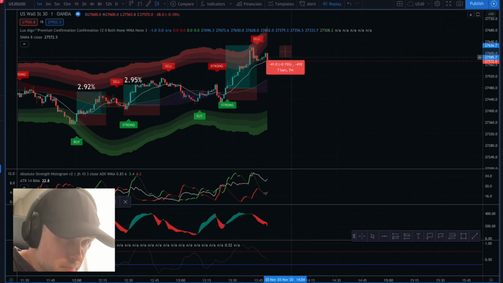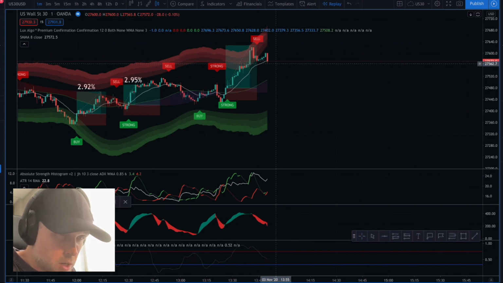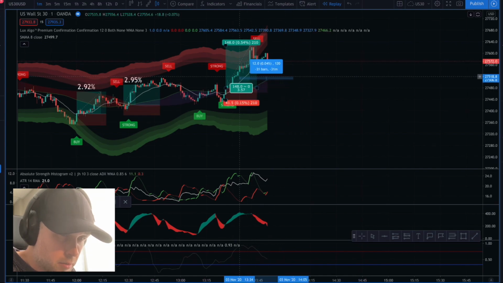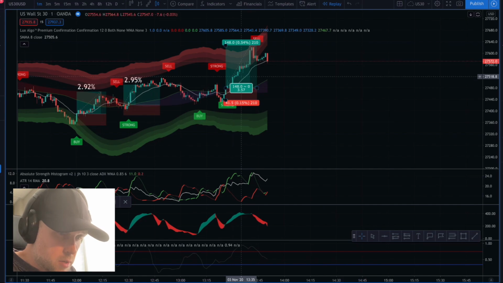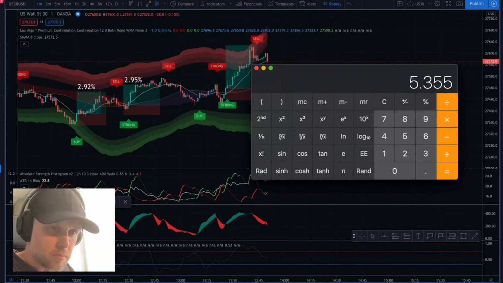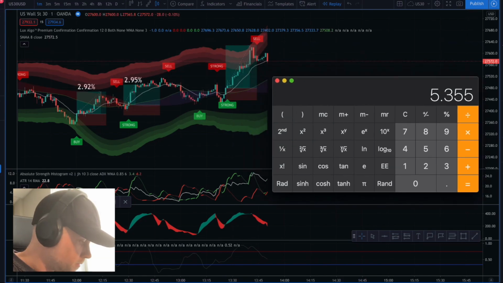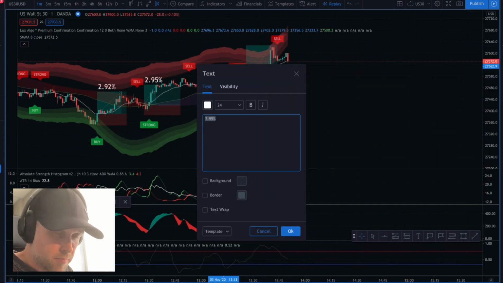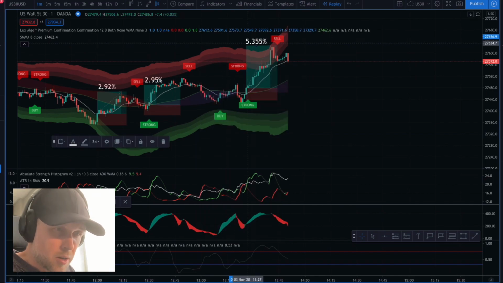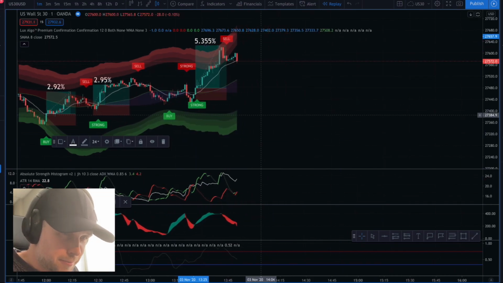So from the top, 41.5. Yeah, so we would have stopped out on that first red candle there. And what is that? That's a 5.355% trade. What did I say? 5.355. I don't know why I went 3 decimals on that one, but whatever.